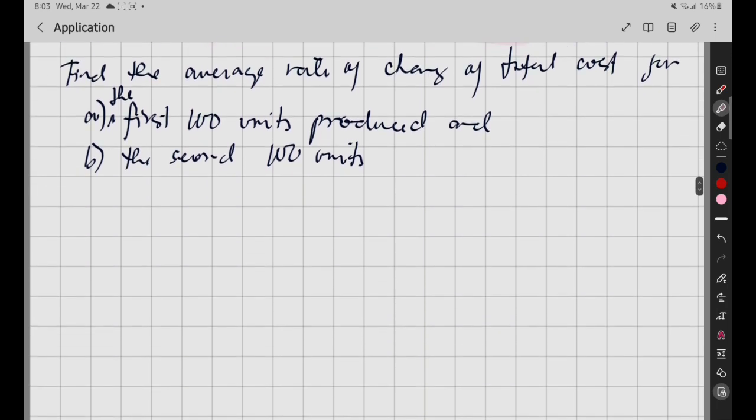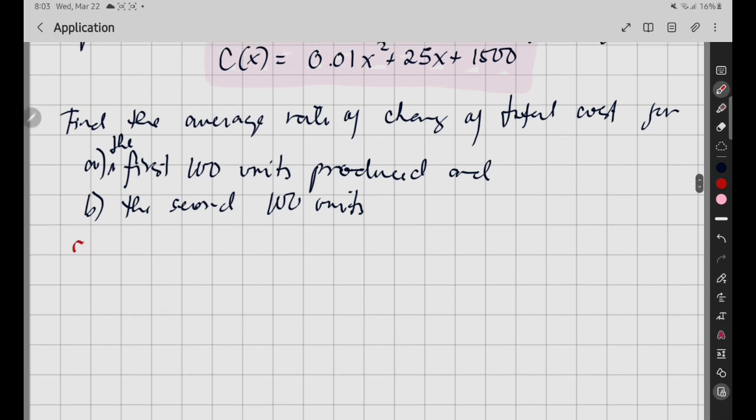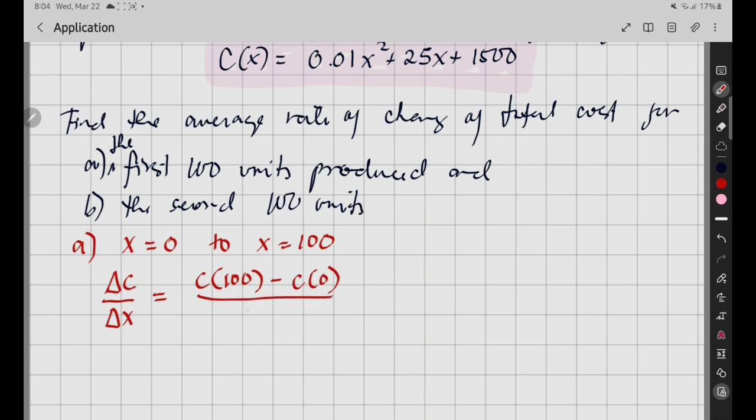Okay, so let's start with A. All right, so the first 100. So this would mean that the interval would be from 0 to 100 when we get 100 units of products produced. So if you want to find the change of cost over the change of number of units, we have C of 100 minus C of 0 over 100 minus 0.